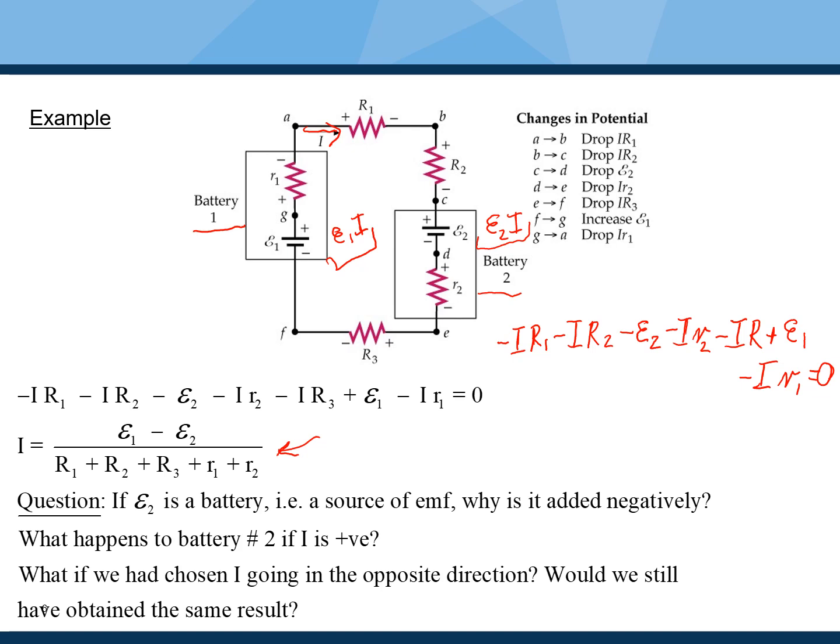Battery number 1 is actually donating its energy in order to help battery number 2 get recharged. And that's exactly how batteries get recharged one from the other. So if you charge battery 2 using battery number 1, then battery number 1 is losing energy, battery number 2 is gaining energy.